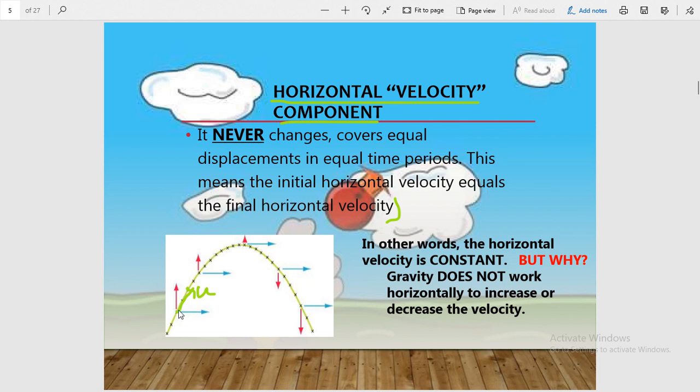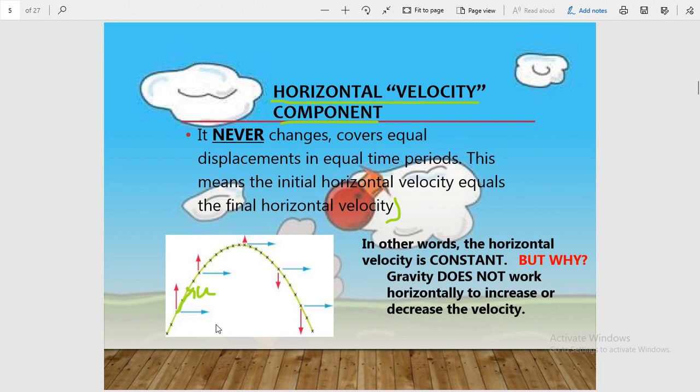Since you know that a vector is represented by an arrow and its magnitude is given by the length of the arrow, you can see here the vertical component, presented by the red color, is continuously decreasing in size. This shows that the vertical component decreases with increasing height, and after that it increases when it starts moving in the opposite direction.